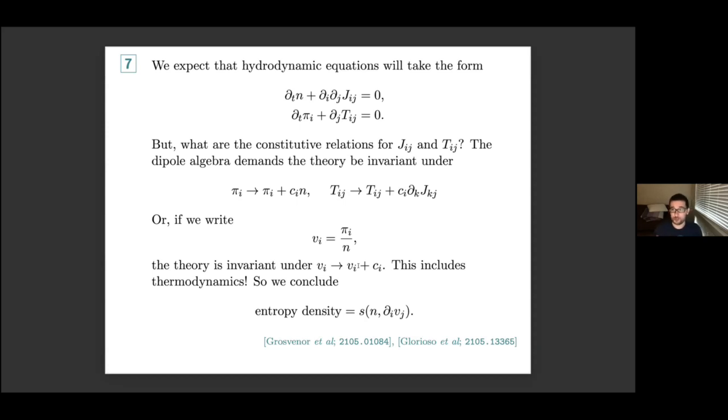We should just demand that all of the hydrodynamics, all of the things like entropy densities, pressures, and so on, none of them can depend on the absolute value of v_i. They can only depend on derivatives. So we conclude that, for example, if we look at entropy density, that should be a function of n and d_i v_j.